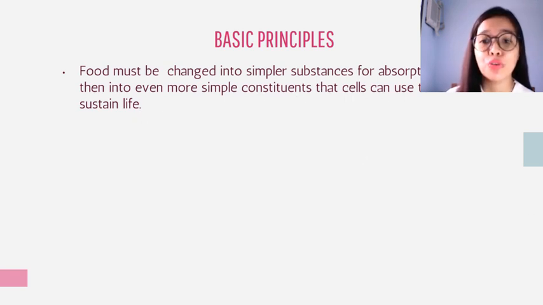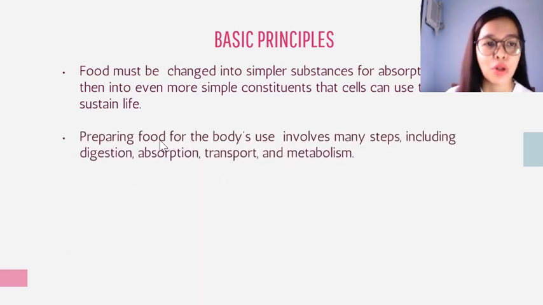Okay, so like the breakfast that you ate this morning, it has first to be transformed into simpler substances of carbohydrates, proteins, and fats in order for the body to be able to use it. And actually, there are processes involved to make that possible. Okay, so the processes involved include your digestion, your absorption, transport, and then your metabolism.